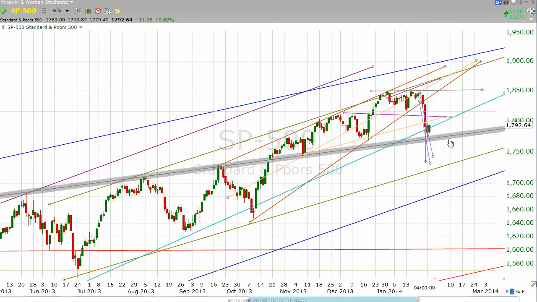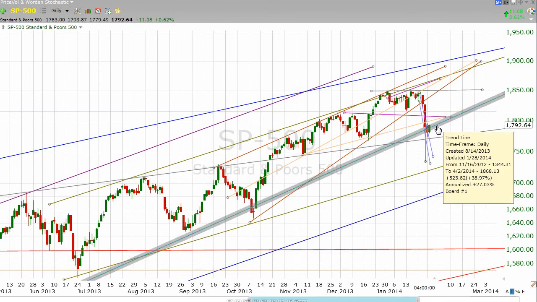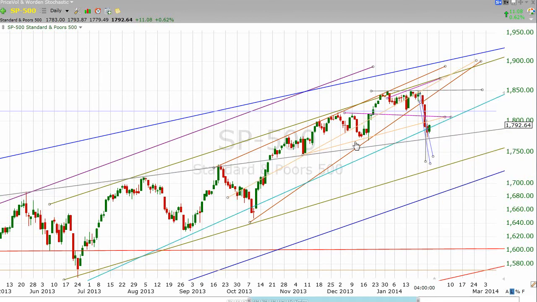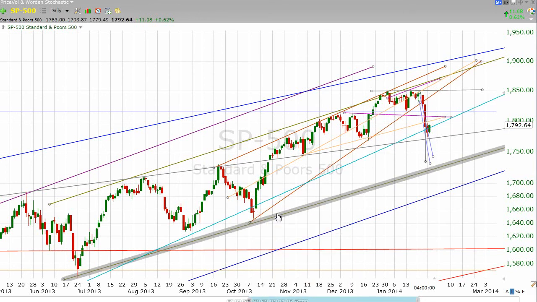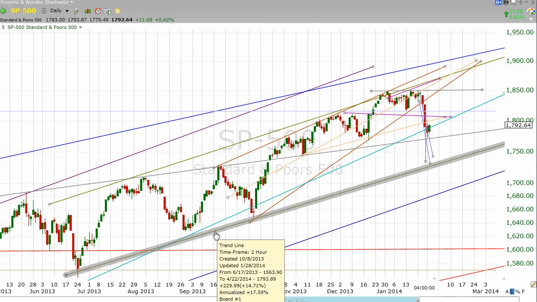We bounced on this gray line, and this line right here is slightly slanted upwards. So that means as we trade on into the next few days and next weeks, we can watch this and see if this wedge is really going to take the markets down, or is this simply one of those moves from the bottom of a channel, which could be this line right here.